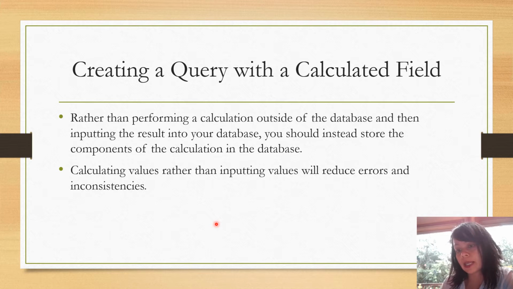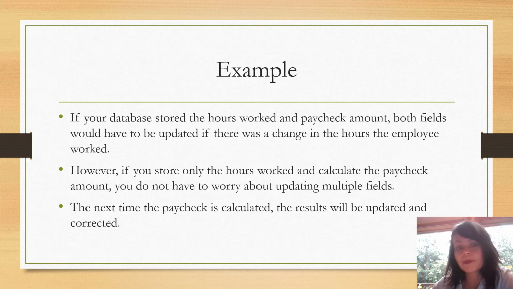So instead of using an Excel sheet to draw the data from your Access, performing the calculation in Excel, and then re-inputting the calculated values back into your database, you should really perform the calculations right then and there in Access. And the reason is because doing so will reduce errors and inconsistencies.